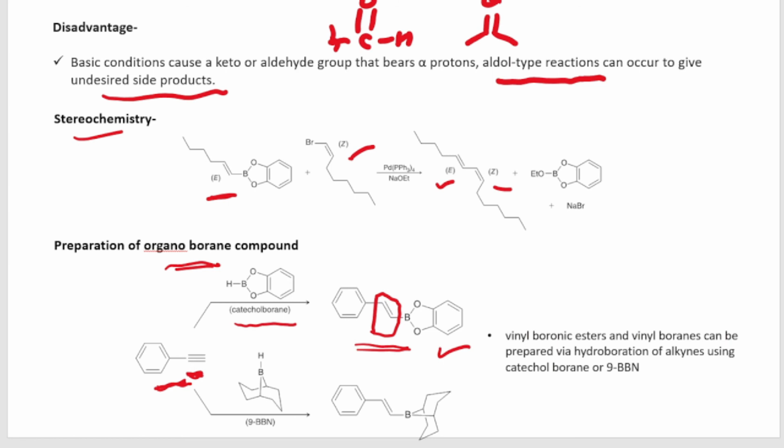So this is styrene. And if you treat it with 9-BBN, you will get this compound. So vinyl boronic ester and vinyl borane can be prepared via hydroboration of alkyne using catechol-borane or 9-BBN.